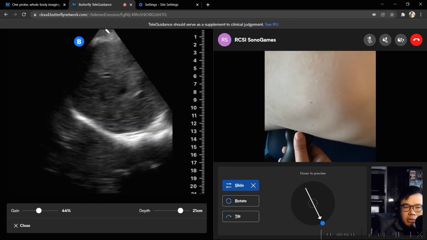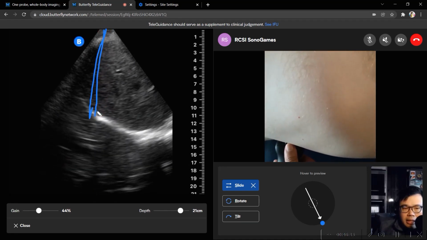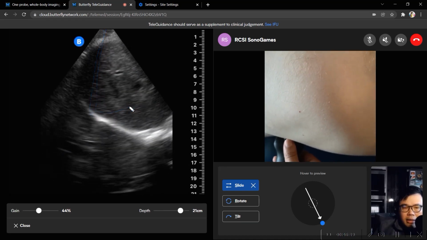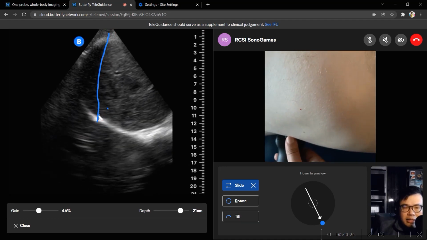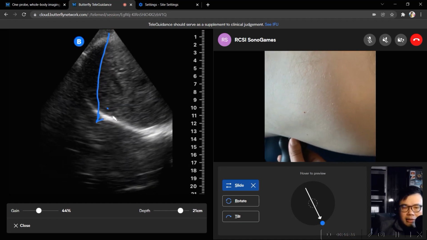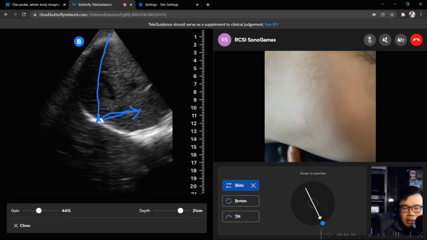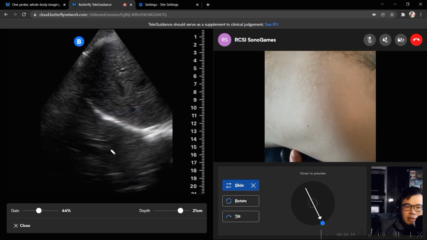The ultrasound comes down in a straight line. Then it reflects and goes to the side, like an angle of incidence, because it's very highly reflective. After it hits the side, it goes back to the diaphragm, and then back up to the transducer.